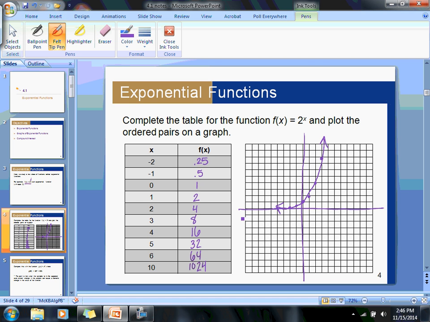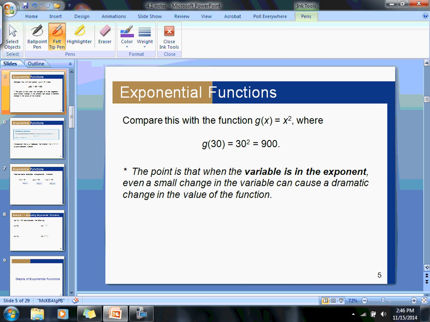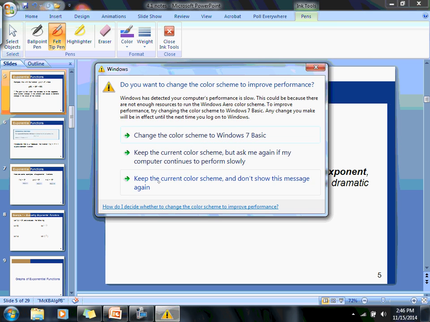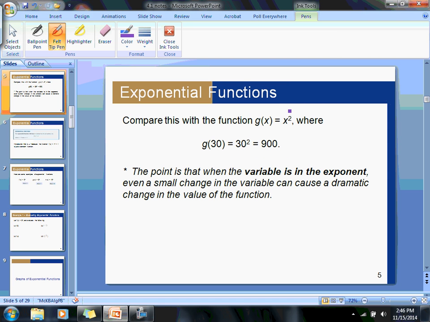Okay, so these functions are known to graph really, really quickly. And if we compared that to a parabolic function or a polynomial function, if we compared it to x squared, it would take a really long time for that x squared function to get into a value that's even close to what we had in just 10 values.